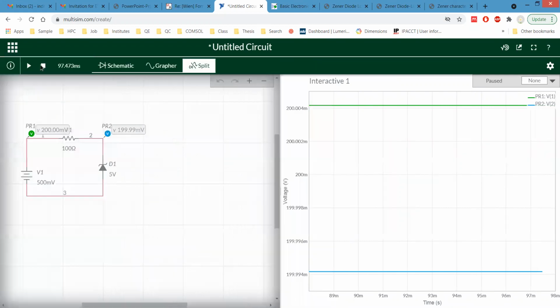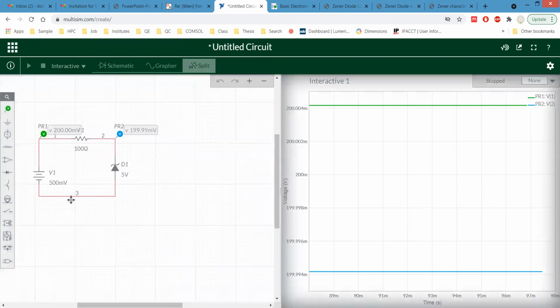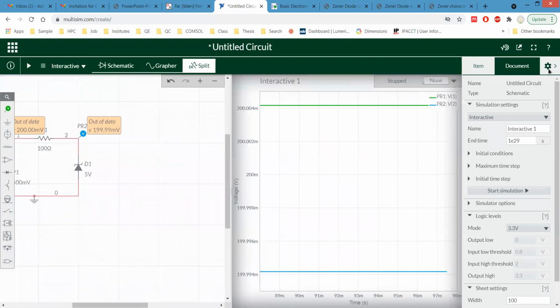We have to give a ground. Okay, so we have connected the ground. What kind of data are we getting? One is 200 millivolt and one is 199 millivolt.